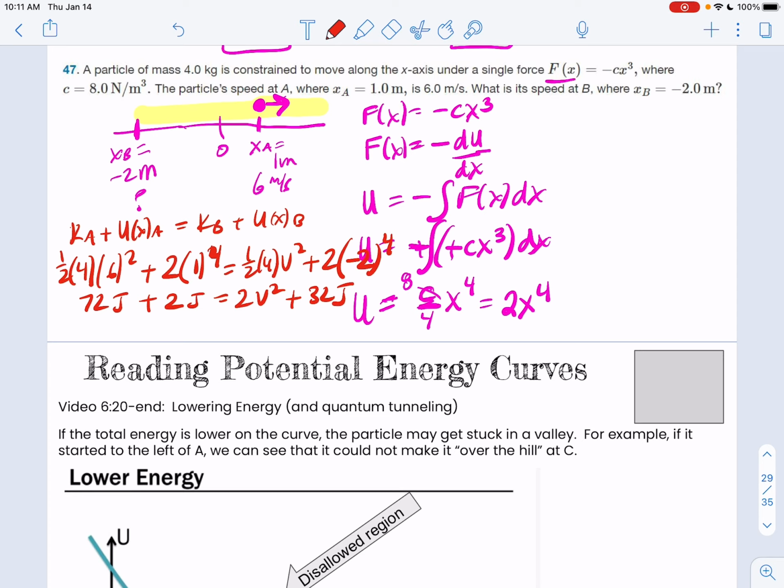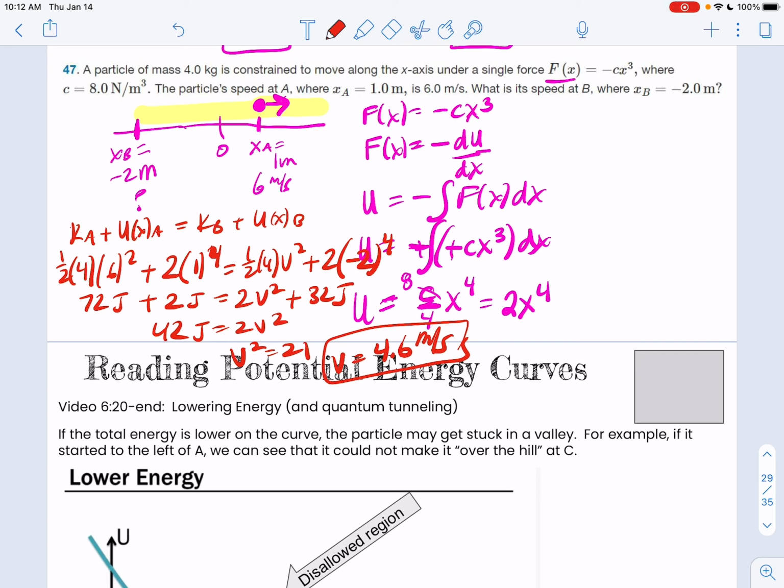Over here I have 74 minus 32, so 42 joules equals 2v squared. So v squared equals 21, or v equals radical 21, which is 4.6 meters per second.